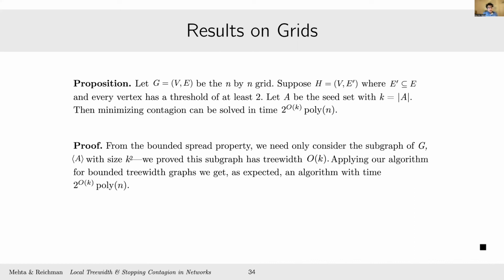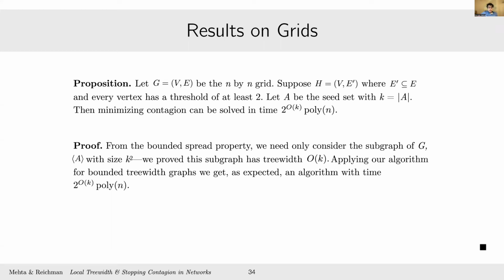We know this subgraph has treewidth O(k). So now we can just apply our bounded treewidth algorithm to this subgraph, and we'll get an algorithm that runs in time 2 to the power of O(k) poly n.